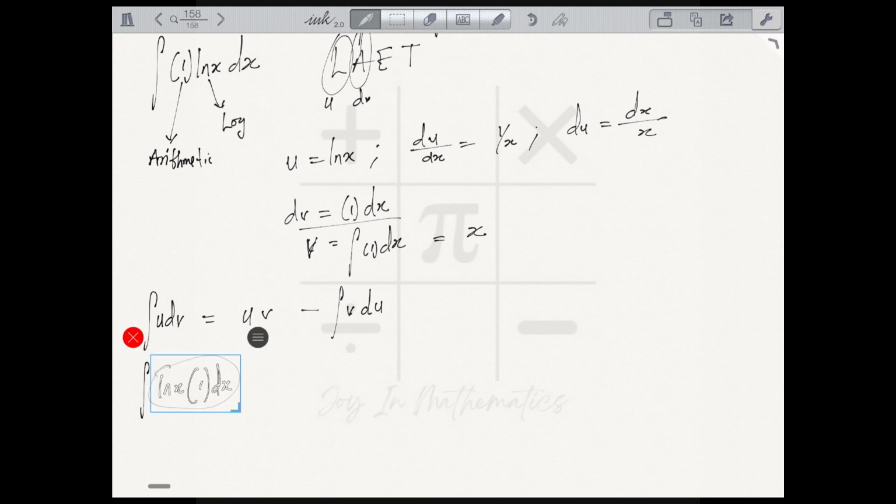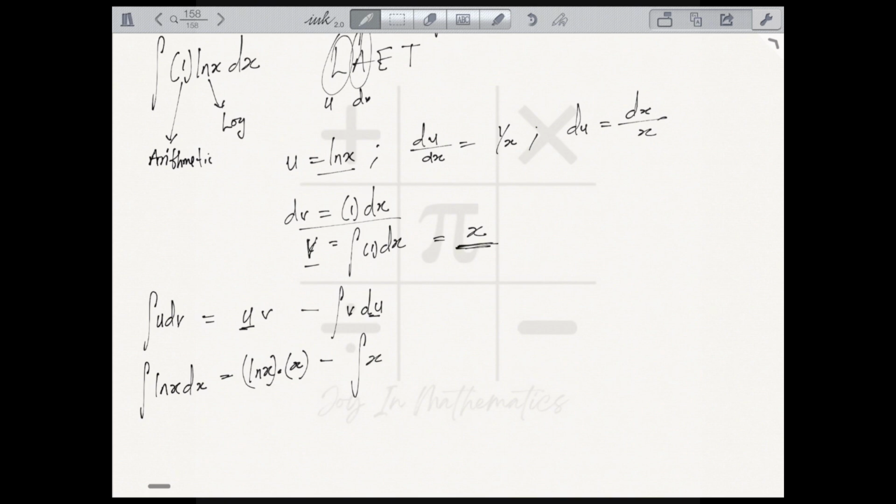So all in all, this can be written as the integral of ln x dx, which is the question itself. And let's follow the formula now closely. Our u is ln x, our v is x, minus the integral of our v, which is x, and our du, which is dx over x.